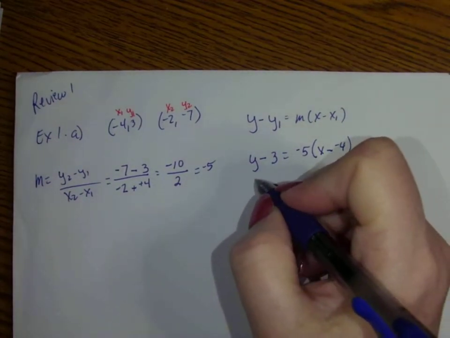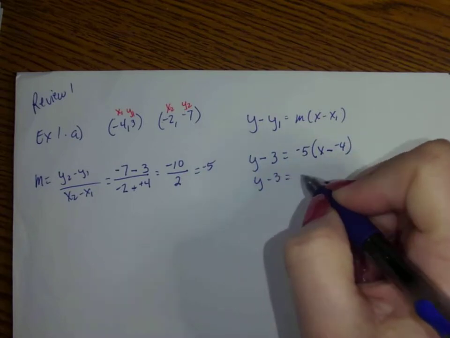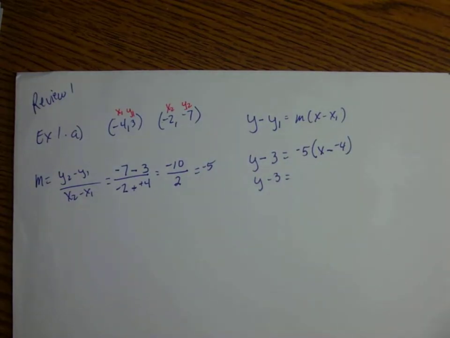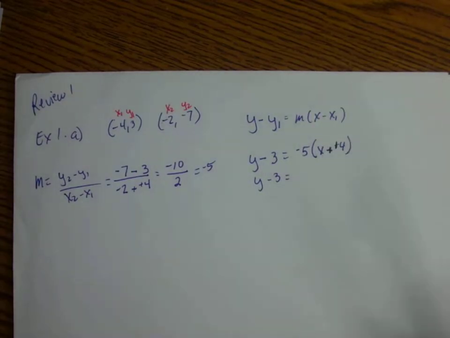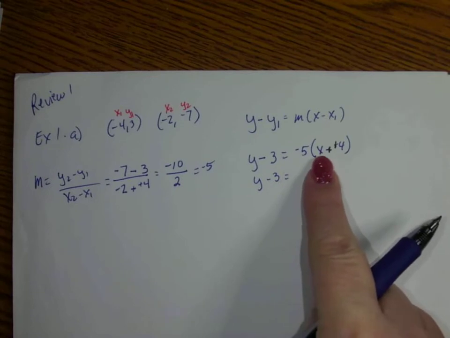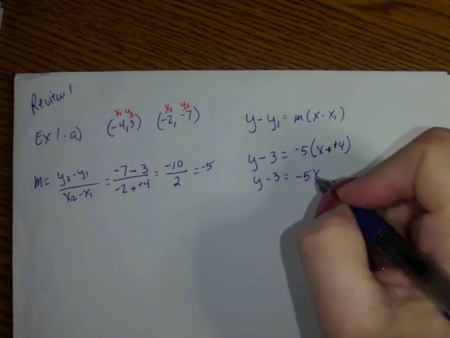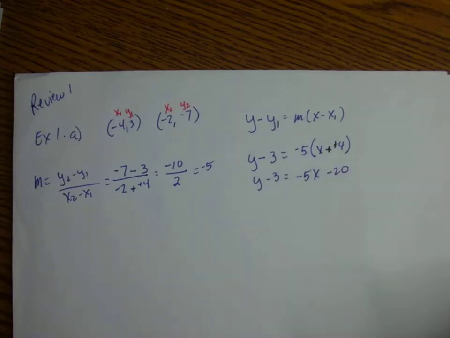So this will get us y minus 3, and this, again, will become a +4 because of the double negative. So -5x, and -5 times 4 will get us -20.